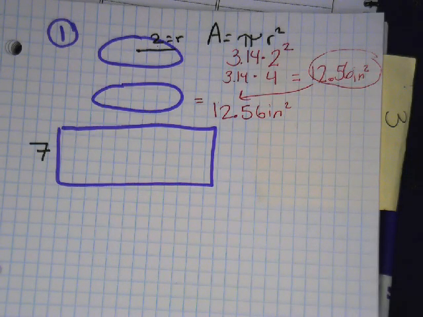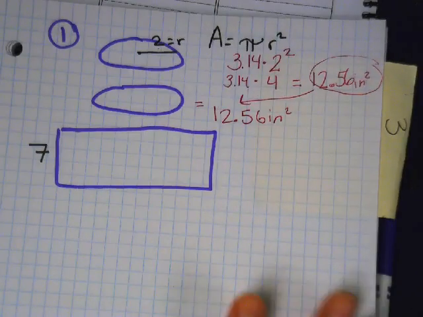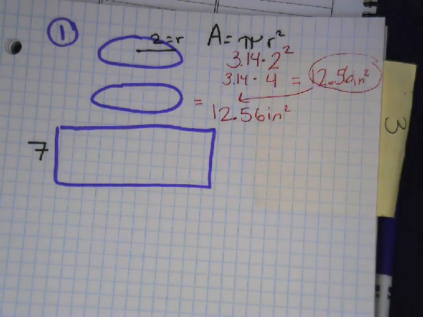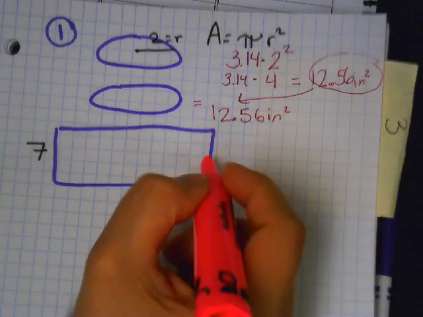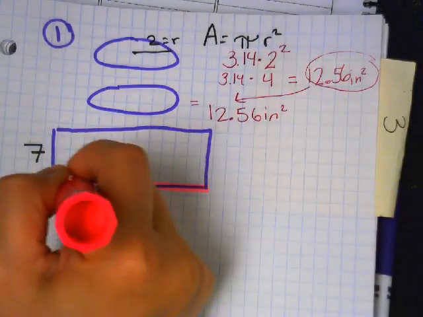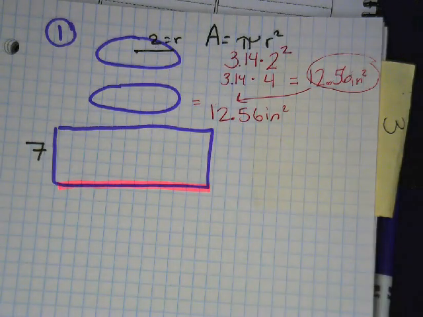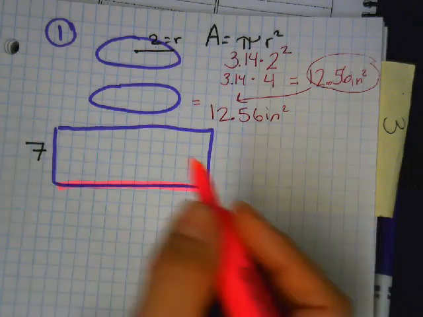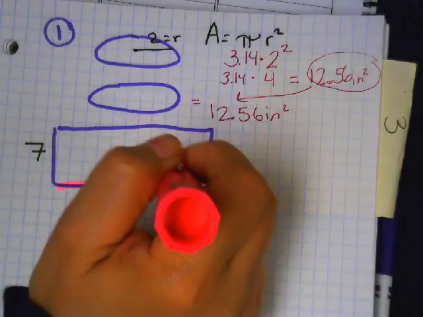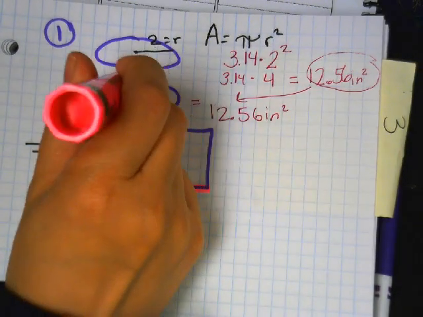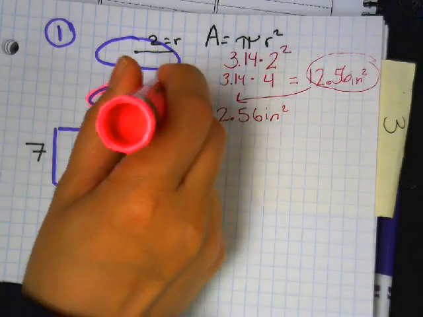I want to know, where's my highlighter? So I only have 7, but I need to know what does this measure? How do I find that? Yeah, because this pink line in reality is this part of the circle all the way around.